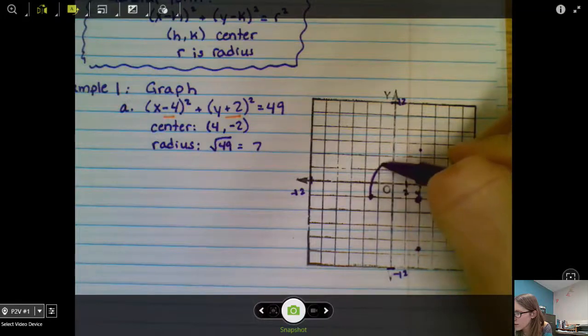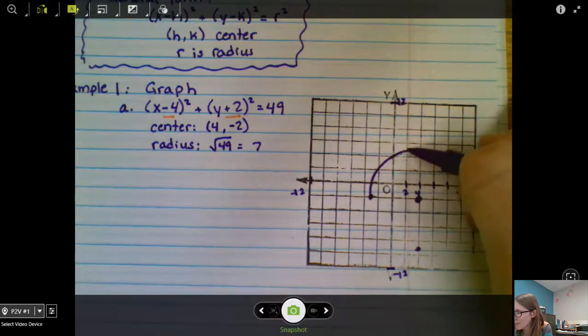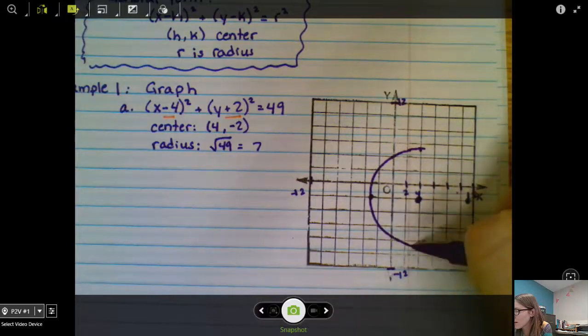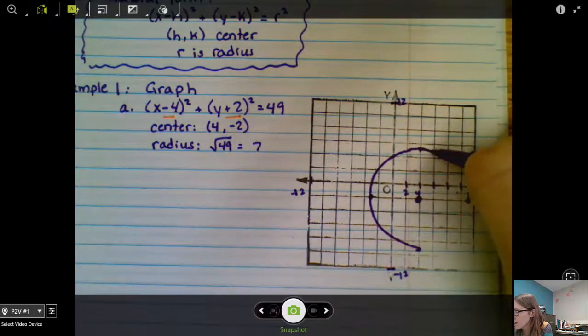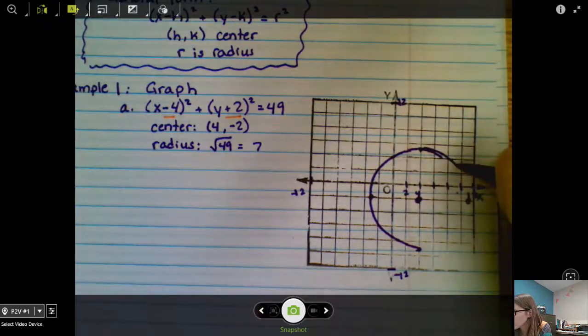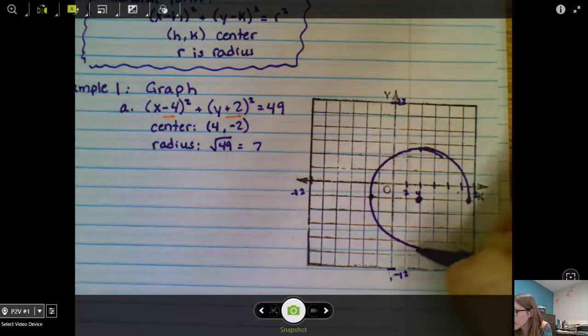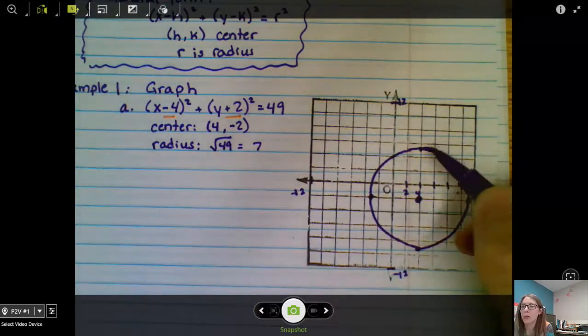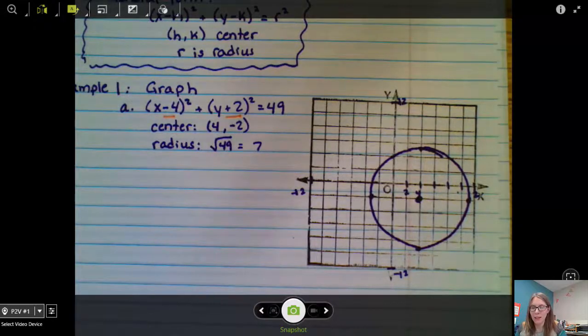The best that you can to make your graph kind of look like a circle. I'm sure mine is not going to be perfect along the way, and that's okay. The big thing is that we can see where your center is, and that we can see on these endpoints that we're going out whatever that radius length is.